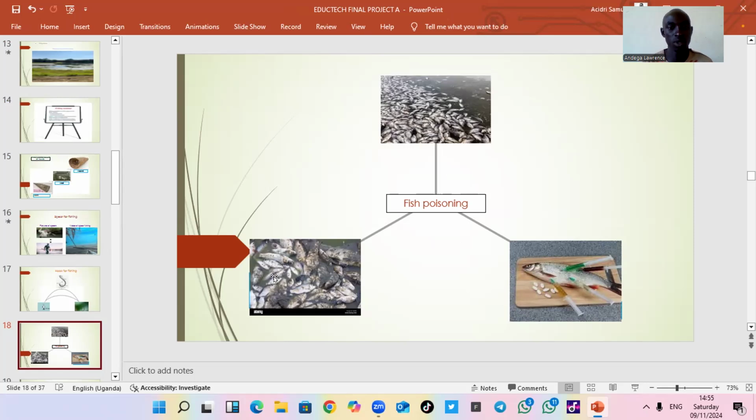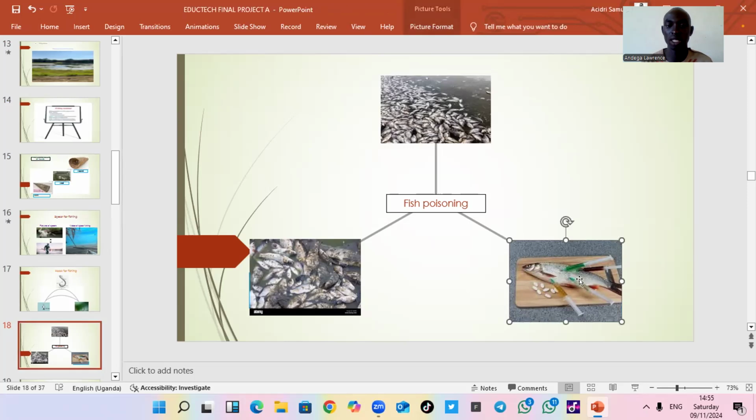We can see from this picture that the fish, after eating poison, died and all of them were raised to the surface of the water. So the person using this poisoning method of fishing will come and easily collect the fish because all of the fish that he needed are now on the surface of the water. So it is one way of catching fish.